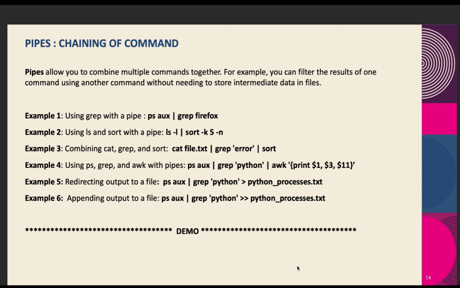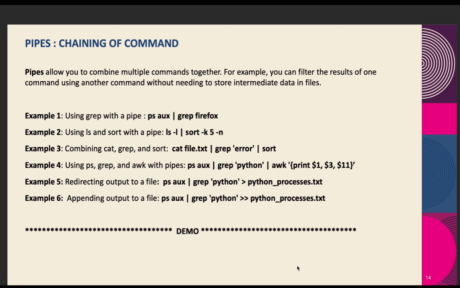So here we have learned what a pipe is. Pipe is a command which will join multiple commands so that it reduces the work and helps the user to create a chain of commands.